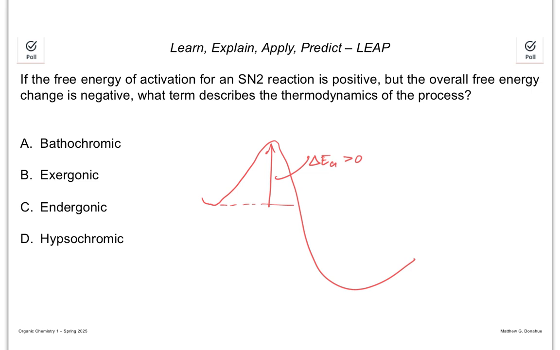The free energy of activation is positive. But overall, it's negative. So the energy of activation is endothermic, but overall, since we're dealing with the delta G term, it's exergonic.